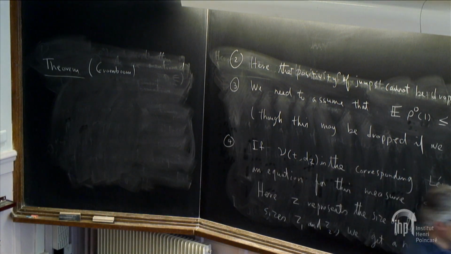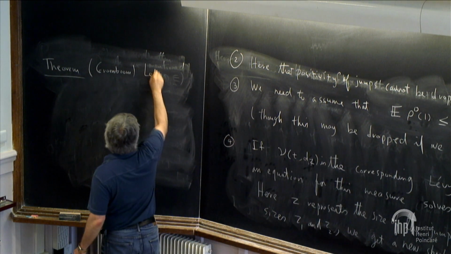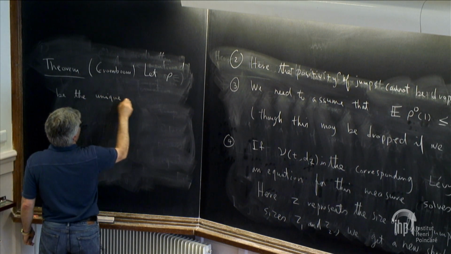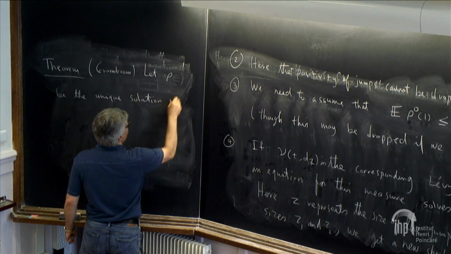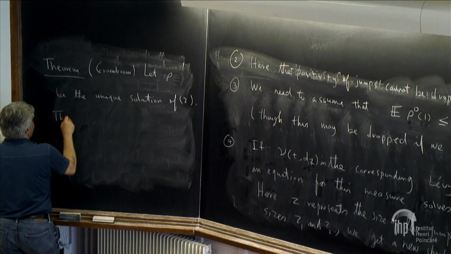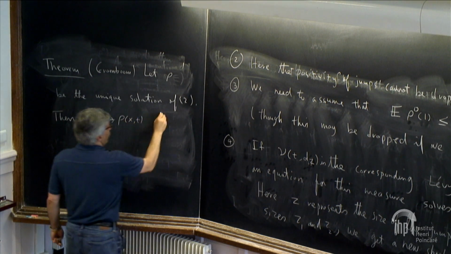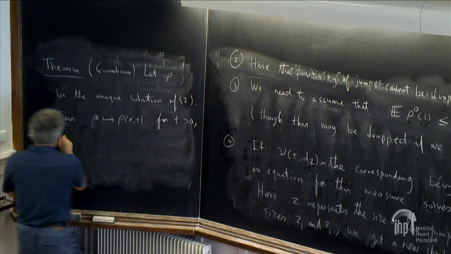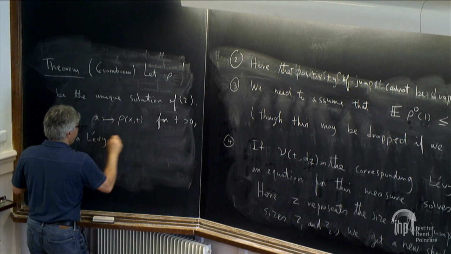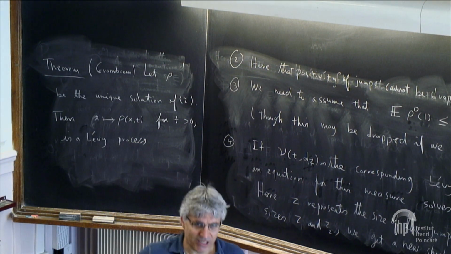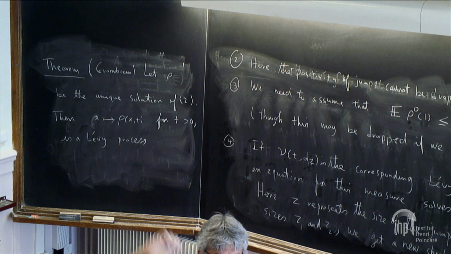Okay, so let me call this equation 2. Let rho be as in 2. Then x going to rho xt for t positive is a Lévy process. And this Lévy process would have a decreasing drift and a jump measure.